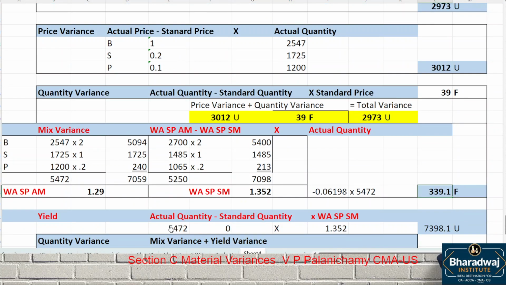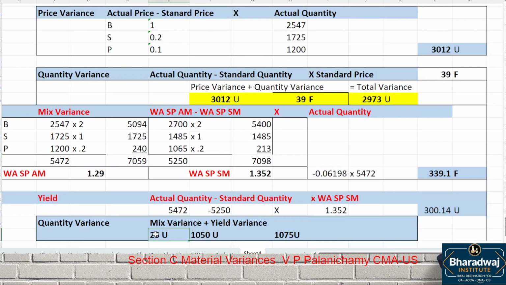Yield variance, actual quantity minus standard quantity. Unfavorable. Yeah, we verify. 339 favorable, 300 unfavorable, net is 39 favorable.